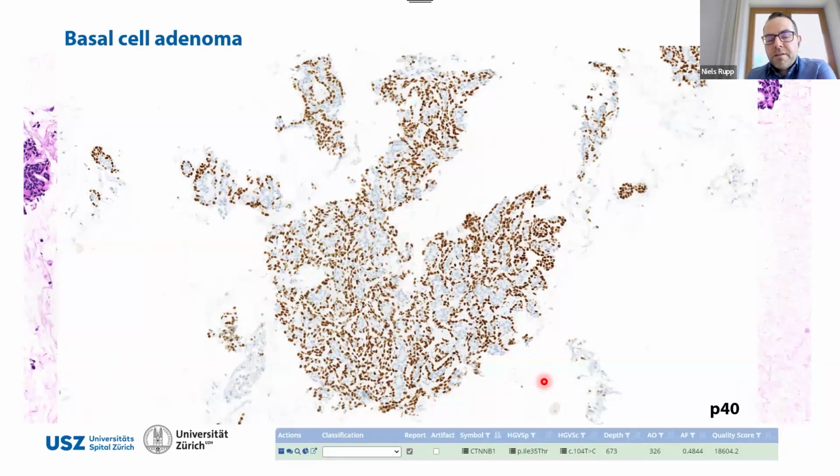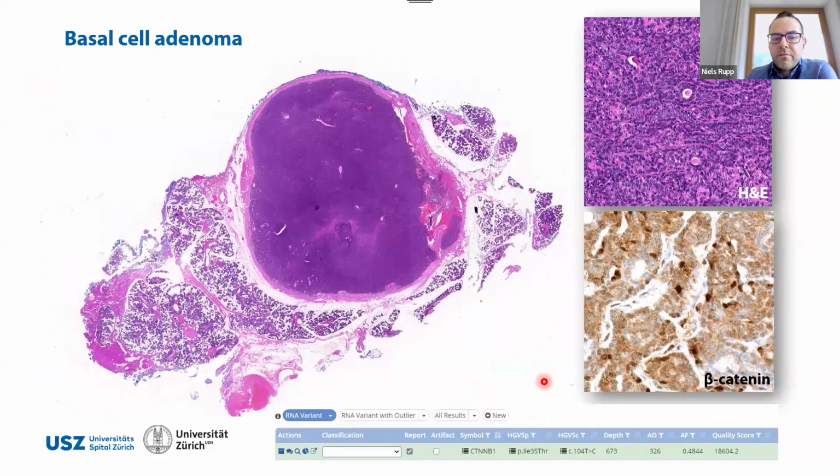We always have to be a bit careful if we have only the molecular findings, or only the immunohistochemical findings. Here is a resection specimen, and you can see a very well circumscribed, encapsulated, basaloid neoplasm, also with ductal formation, and here you can see the typical beta-catenin nuclear positivity in some of the myoepithelial cells.